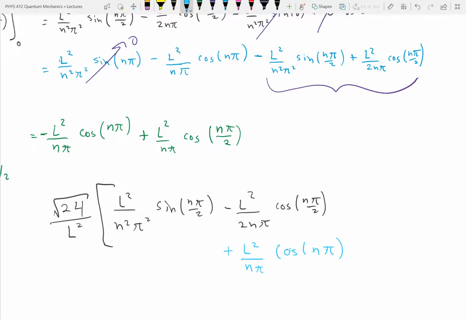Notice that I changed the sign because it's minus the blue one. So instead of a minus sign, that became a plus. I'm going to move this. I'm rearranging to match what's above.